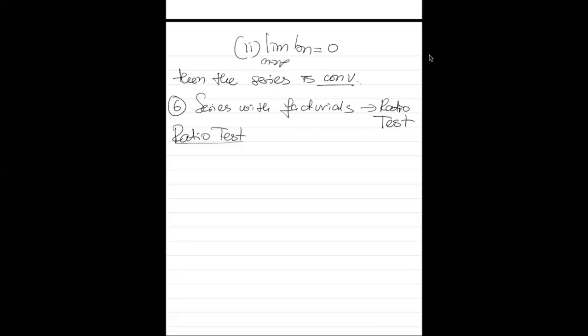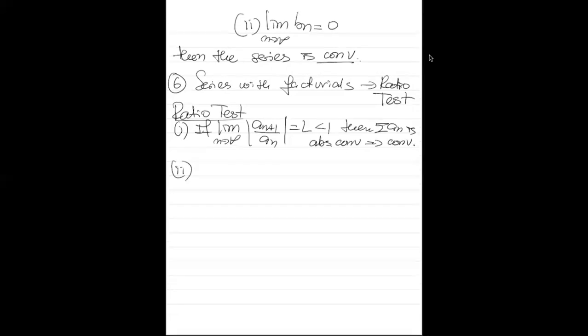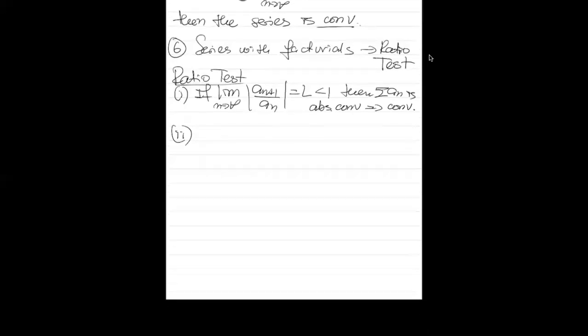First, if the limit of the absolute value of the (n+1)th term over the nth term is equal to some number L less than 1, then our series is absolutely convergent and therefore convergent. So it's a very, very strong test because it gives you absolute convergence.